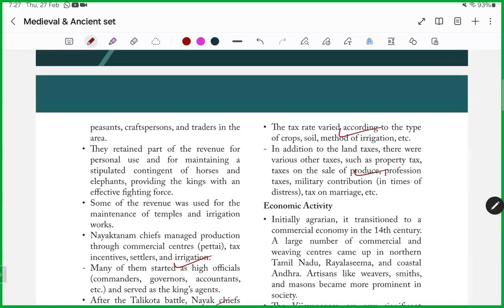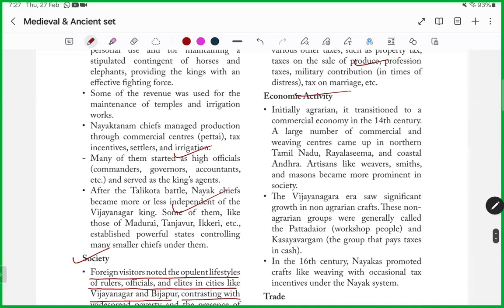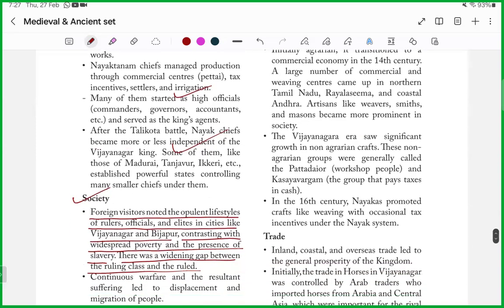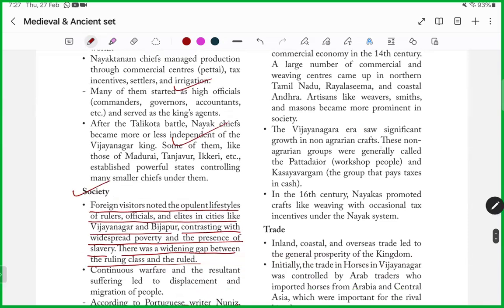Though it is just an explanation, economic activity. All right. So the Vijayanagar era saw significant growth in non-agrarian crafts. These non-agrarian groups were called Patoder, workshop people, and Kasayavargam, the group that pays taxes in cash. Okay, so remember that.